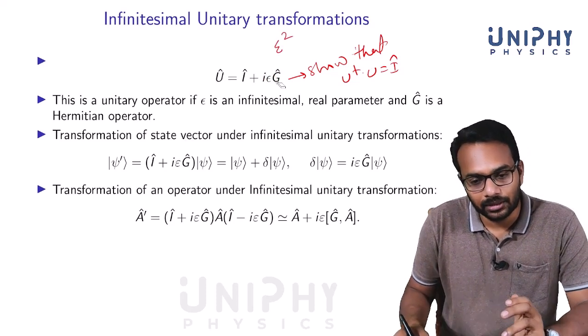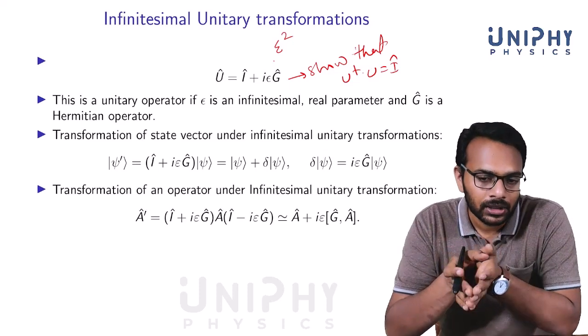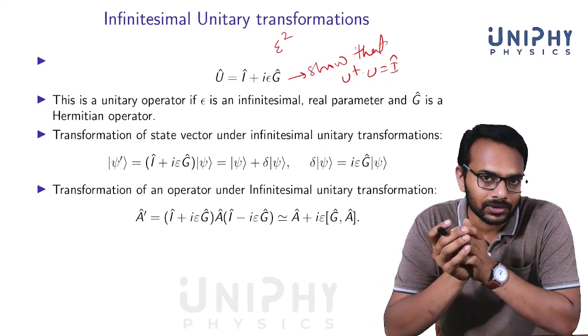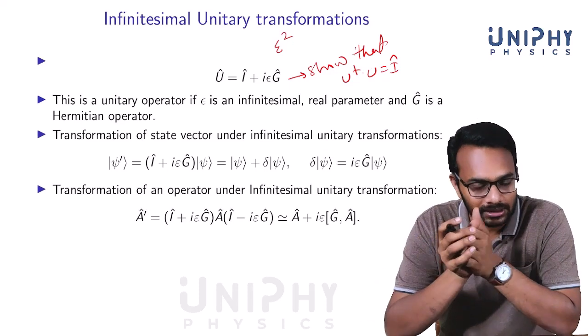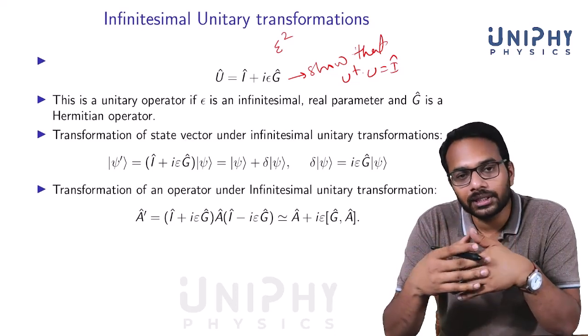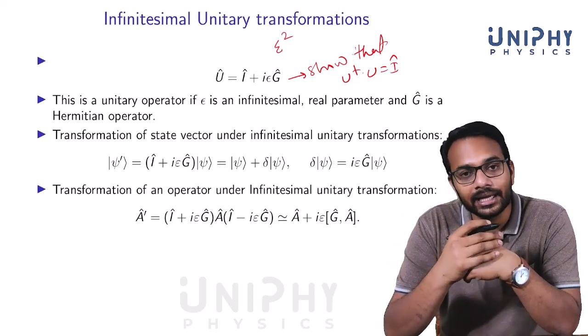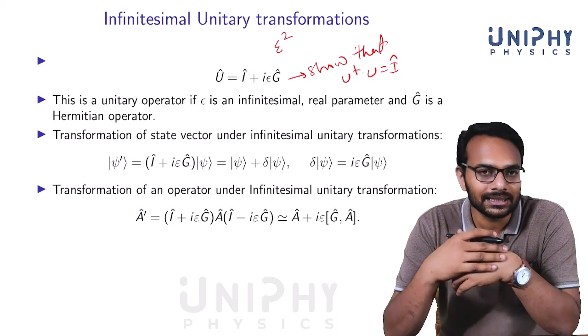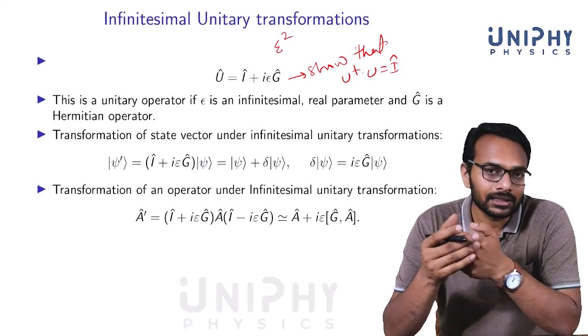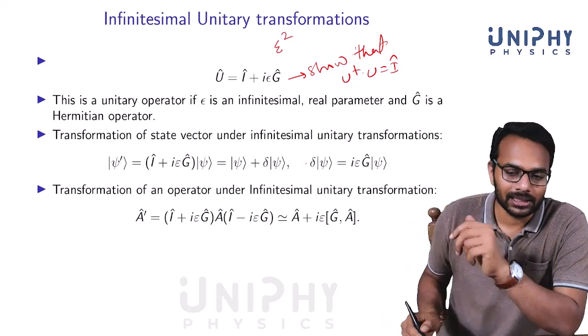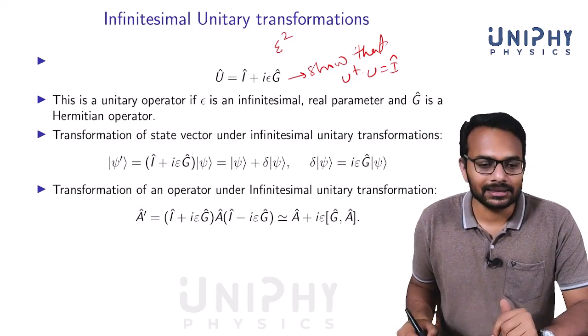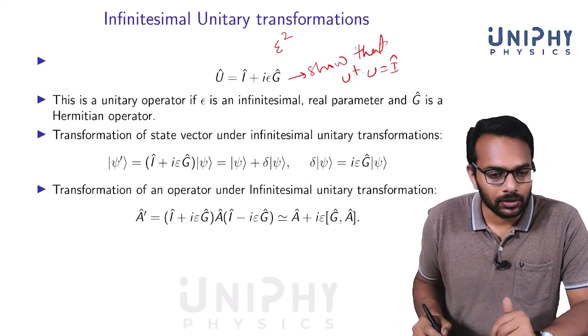You take the product of U dagger and U, where U dagger is I minus i epsilon G, since G is Hermitian. When you take the product, you neglect the higher order terms in epsilon. Only then you will see that U dagger U is equal to I. You can prove this right now.